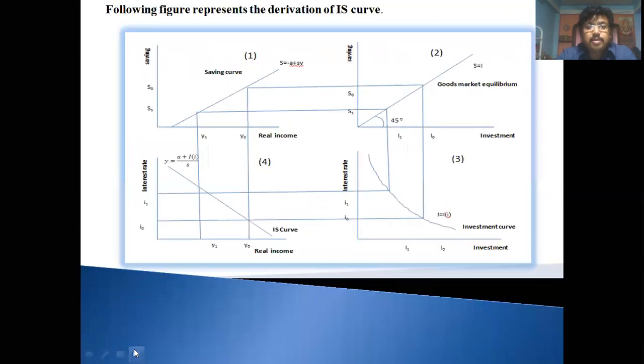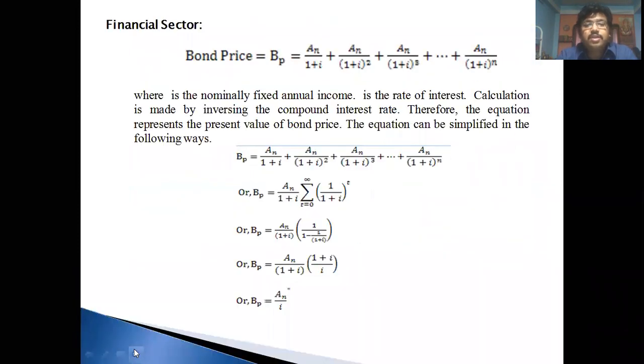Okay. So look, the financial sector. Now we are going to spread some light on the financial sector. In the financial sector, there is only one asset, that is the bond. It is assumed.